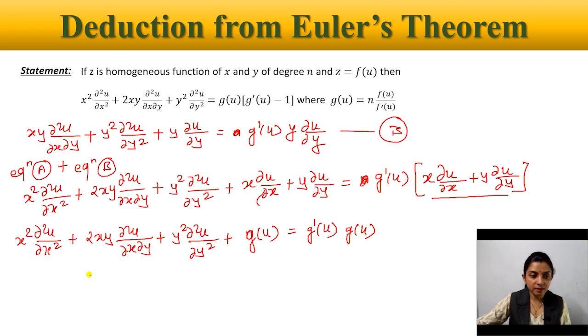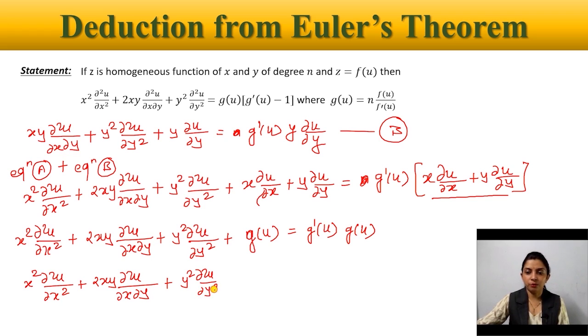And next, I can write x² ∂²u/∂x² plus 2xy ∂²u/∂x∂y plus y² ∂²u/∂y² is equal to, transferring this g(u) to the right hand side, g'(u) into g(u) minus g(u).